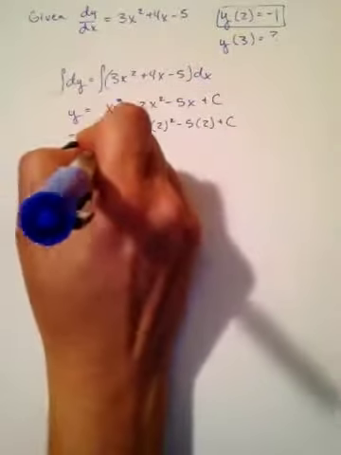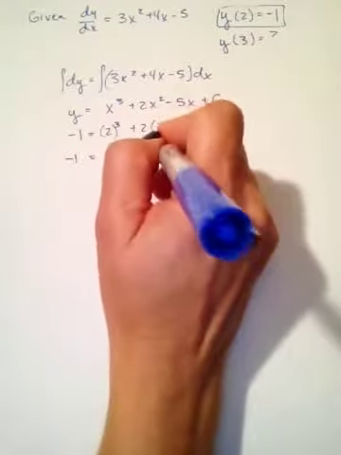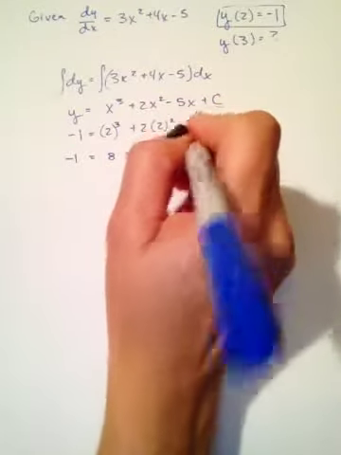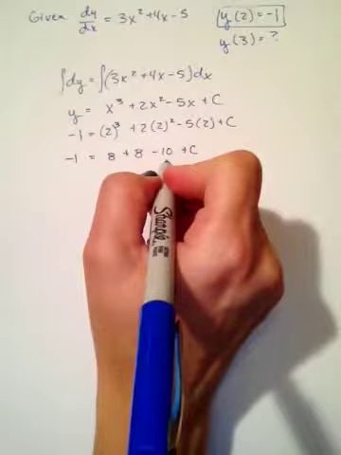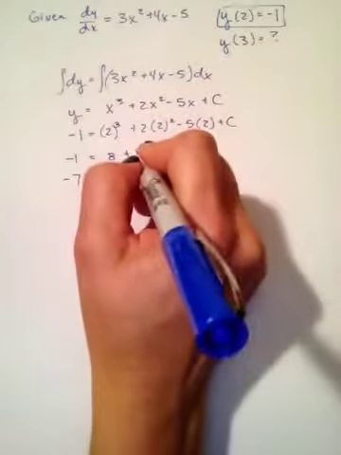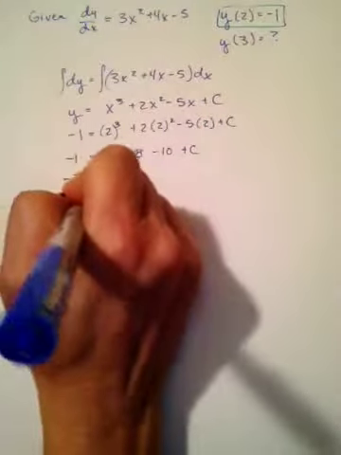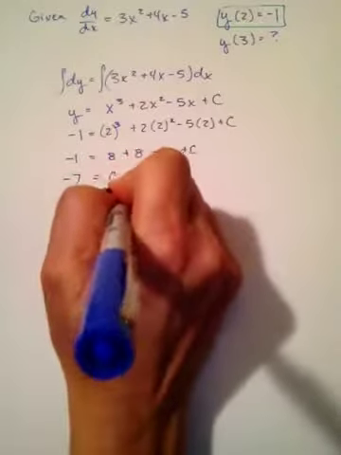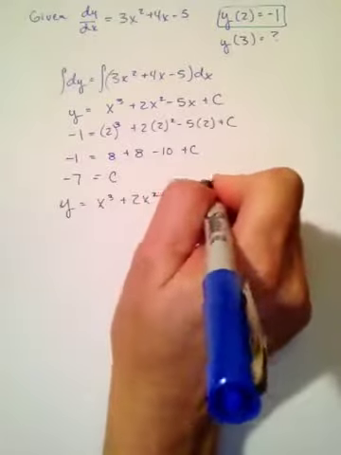So negative 1 equals 8 plus another 8 minus 10 plus c. So on the right hand side I have 16 minus 10 is 6, so I'll subtract 6, and I have c equals negative 7. So my function is y equals x cubed plus 2x squared minus 5x minus 7.